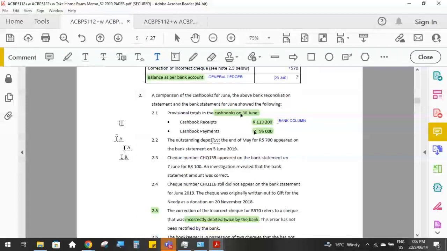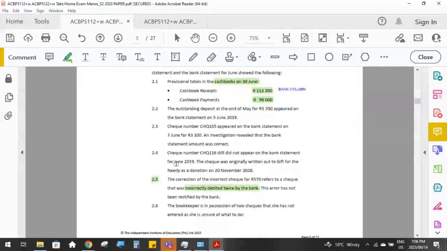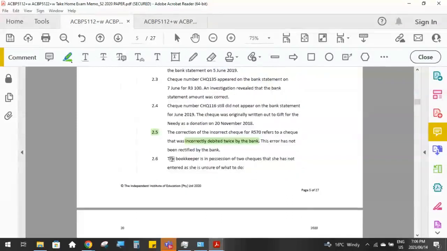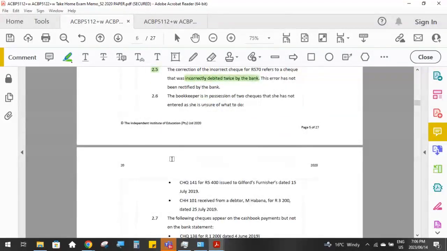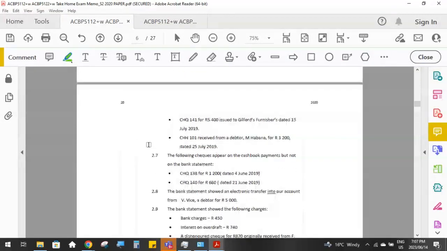Okay, I'm going to just try and find the ones here that are relevant for outstanding deposit. We don't want that. We don't want that one. Still did not appear on the bank statement. I don't want that one. We've done that one. I'm just trying to do this in the order that the answer is in.